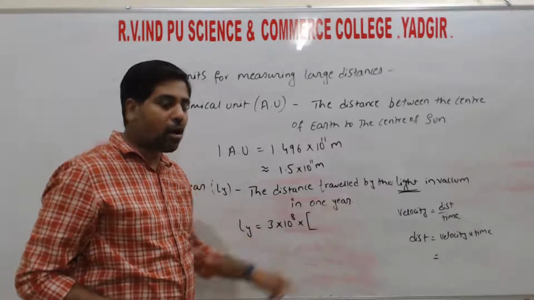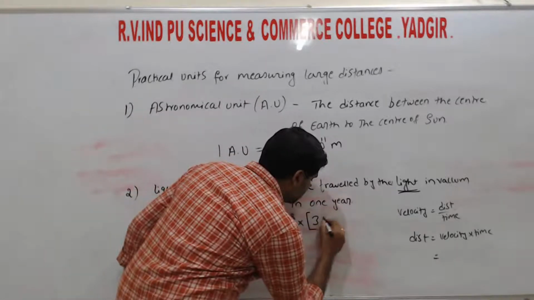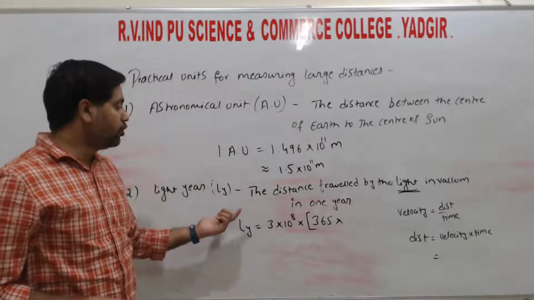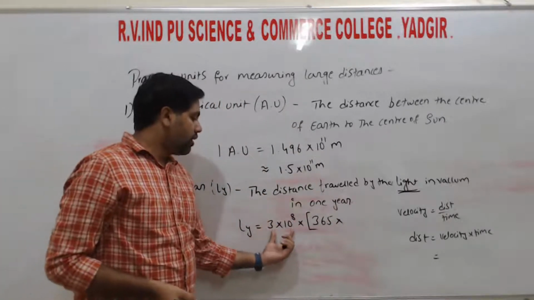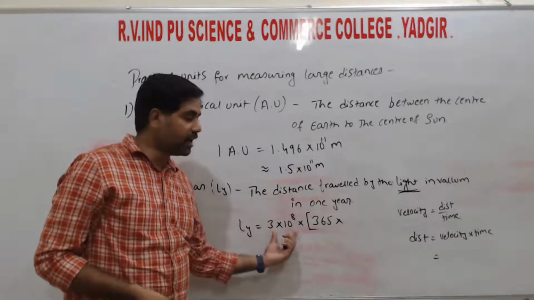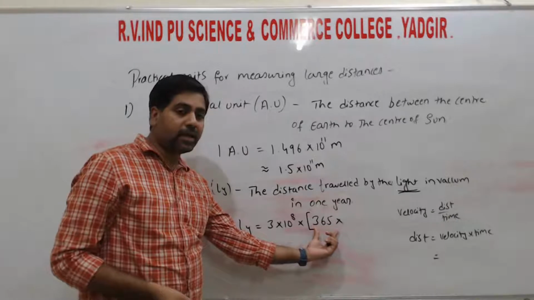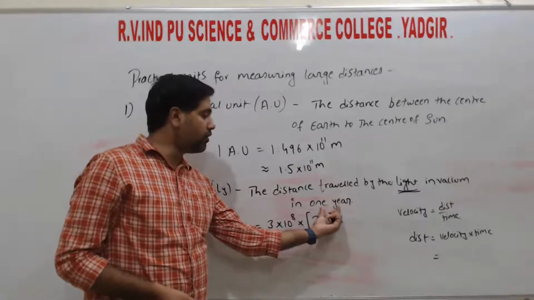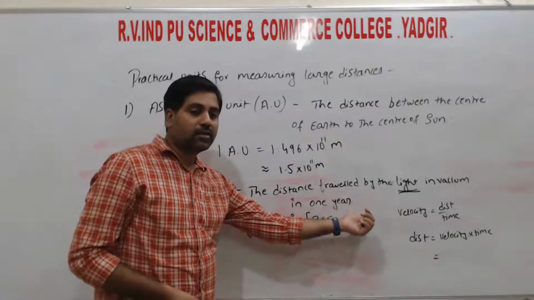So for 1 year, how many days do we have? That is 365 days. Because in SI units we measure velocity or speed in meter per second and also the time in seconds. So here the time is 1 year. Now we need to convert this 1 year into seconds.